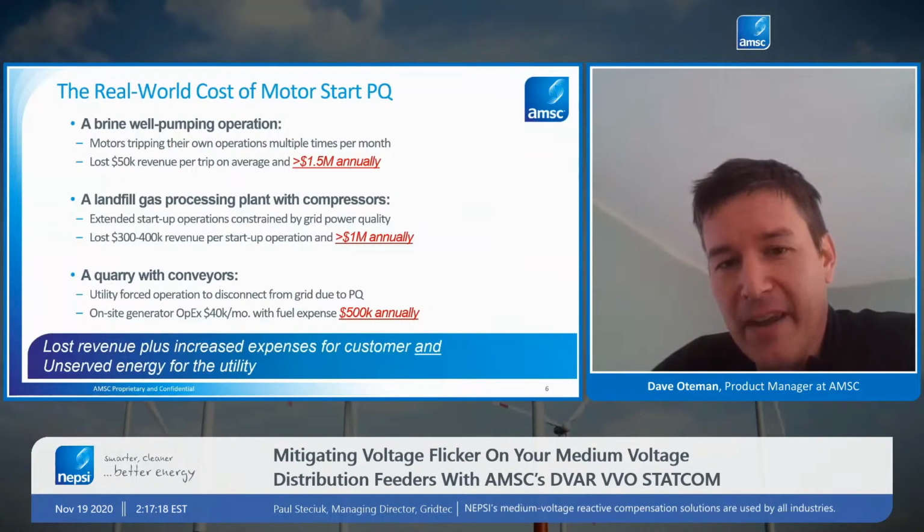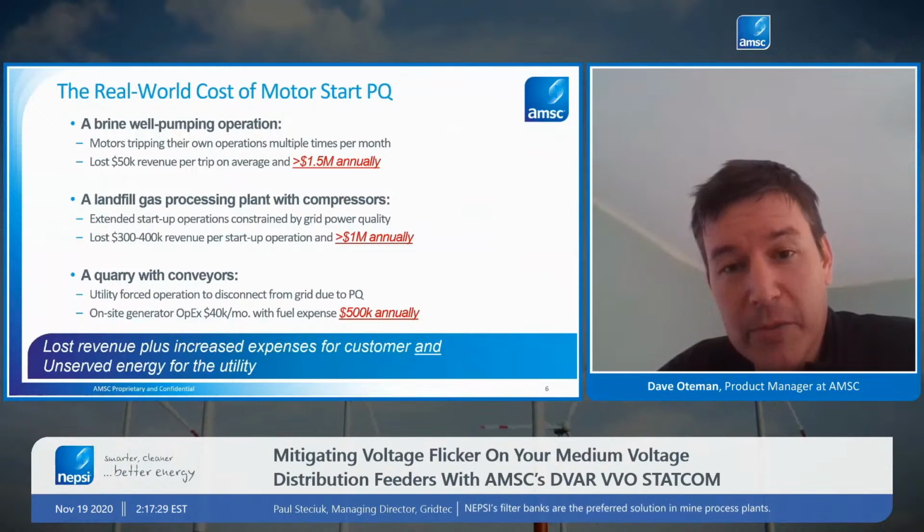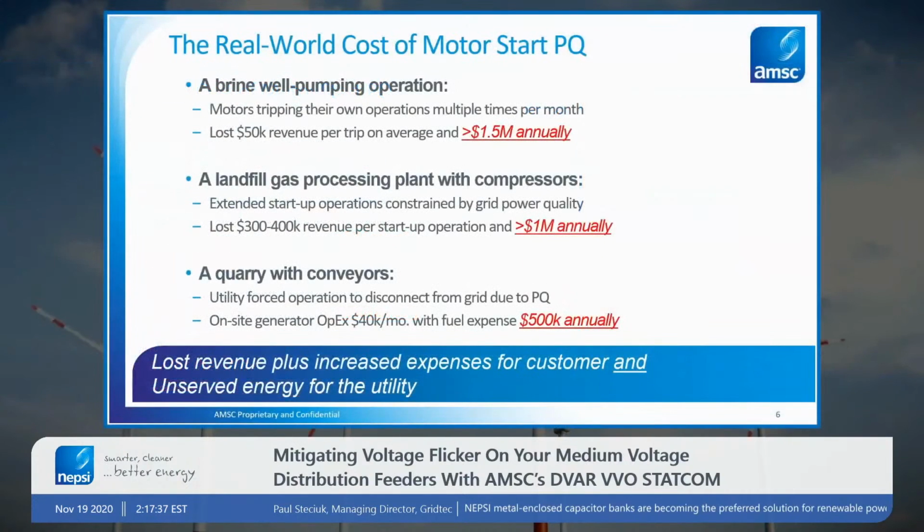If the system was heavily loaded to begin with, this industrial operation would experience nuisance trips when their larger motors were starting. A larger motor would start, cause a voltage dip, and trip off other equipment. That could have a cascading effect, forcing them to restart the entire plant. A couple of those events in a month, and the annual cost adds up quickly.